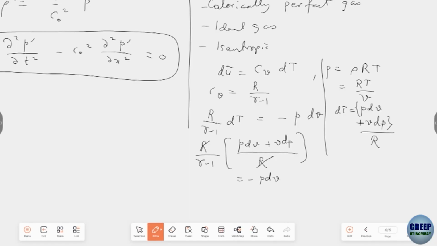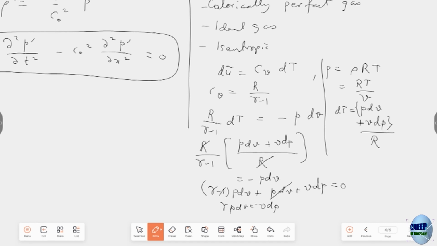So I'll take gamma minus 1 here. So it will be gamma minus 1 times P dV plus P dV plus V dP equal to 0. So this one cancels out with this one, and you have gamma P dV is equal to minus V dP. So your favorite PV to the power gamma equal to constant term.